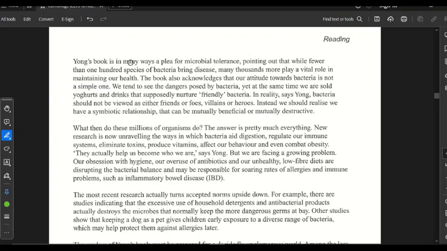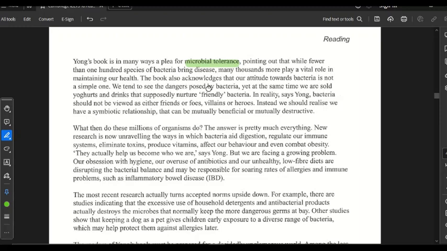Okay, so Young Books is in many ways a plea for microbacterial tolerance, pointing out that while fewer than 100 species of bacteria bring diseases, more thousands play um, many thousand more play a vital role in maintaining our health. The book also acknowledges that our attitude towards bacteria is not a simple one.